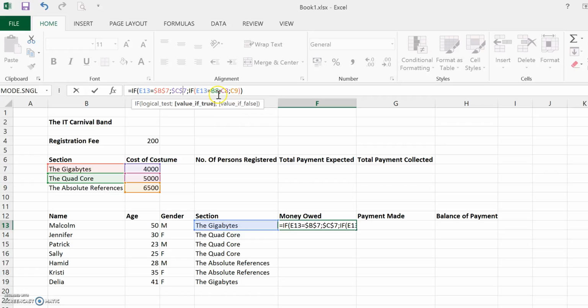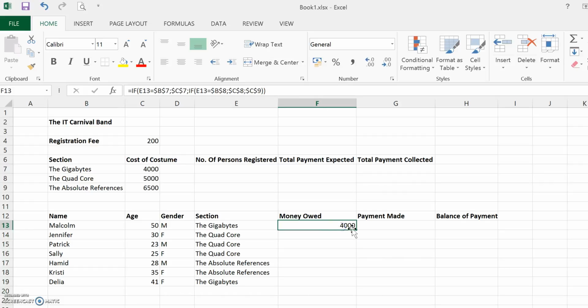If E13 is equal to B8, I want the E13 to be able to change to E14, E15, etc. I do not want the B8 to change. So I'm going to use absolute referencing for the B8 as well as C8 and C9.